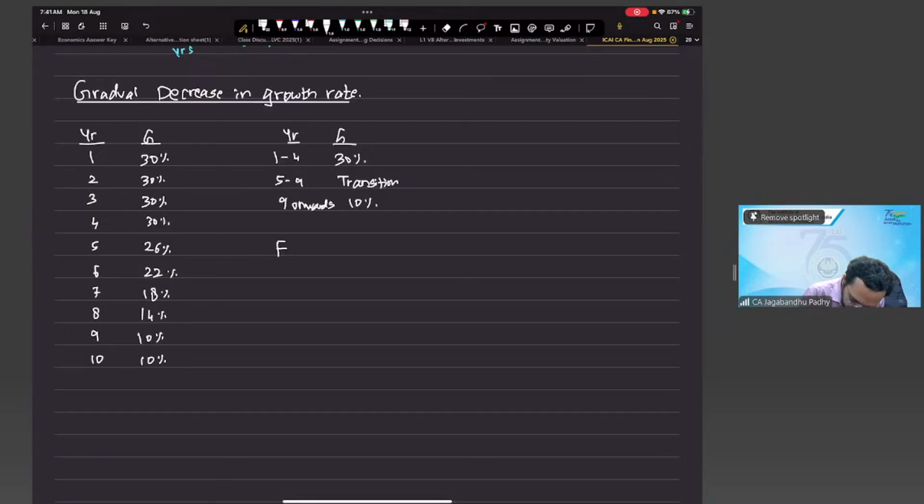So you can say reduction in growth rate per annum in the transition phase.